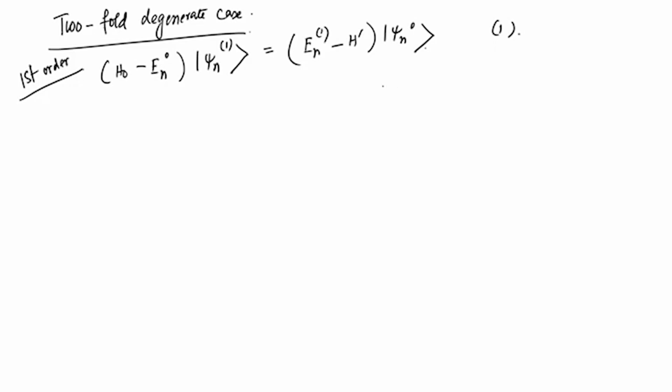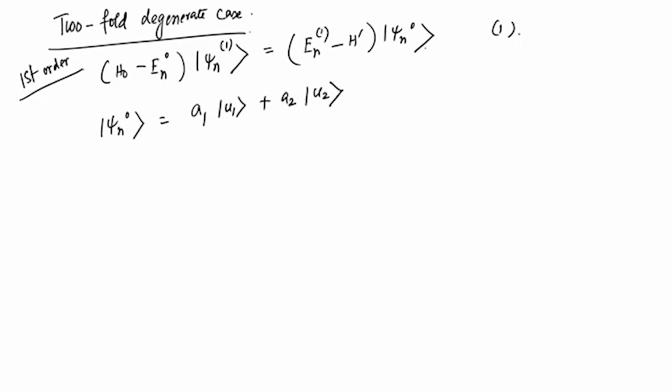If you go back to where we started discussing non-degenerate perturbation theory, you still have this equation written down there. Now ψ_n^0 comprises 2 orthogonal eigenfunctions. Let us call them u1 and u2, and let me write it as a1 u1 plus a2 u2, where a1 and a2 are in general complex coefficients.